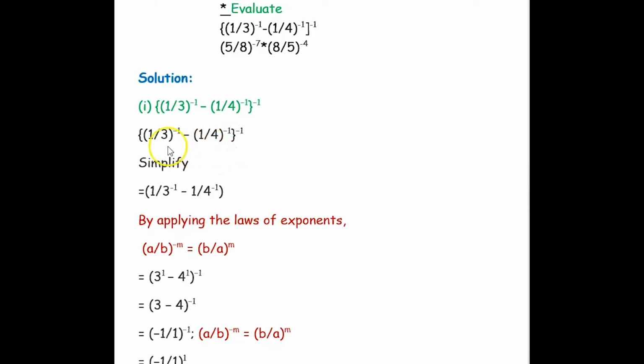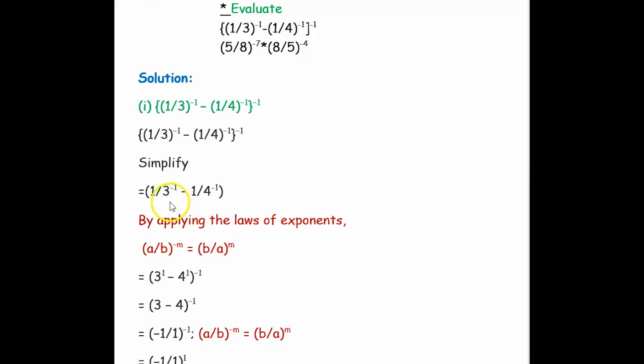First we will take inside the parenthesis and simplify. How can we simplify? We can write the numbers inside the parenthesis as 1 divided by 3 raised to the power negative 1 minus 1 divided by 4 raised to the power negative 1. We know the formula a divided by b raised to the power negative m equals b divided by a raised to the power positive m.